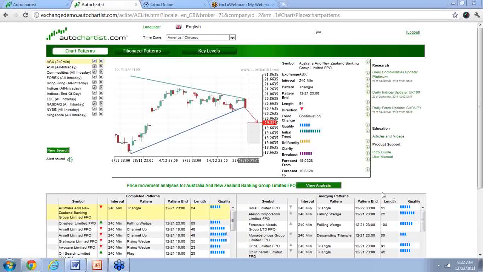All right, so the main thing I wanted to point out on this particular chart is that you look at initial trend and you look at breakout. Those represent things that are happening before and after the pattern. The uniformity and the clarity are about things that happen inside the pattern. I put more weight on the initial trend and I put more weight on the breakout.